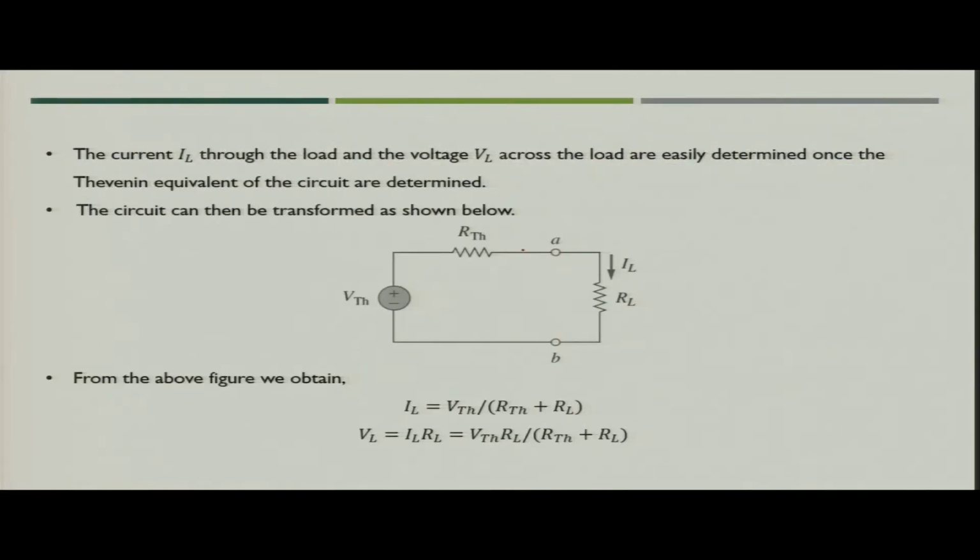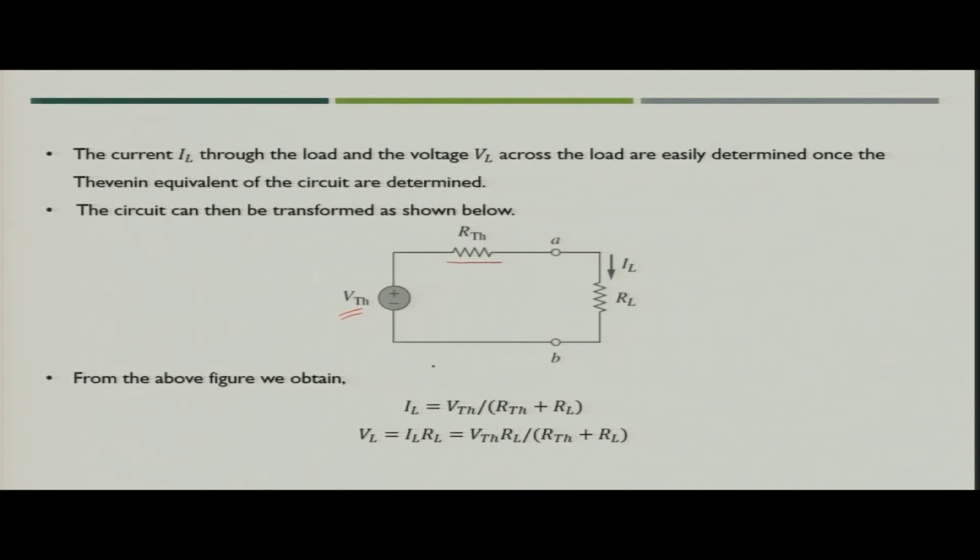Now, what you will do is replace the circuit external to your load RL by its Thevenin equivalent, that is VTH and RTH. In that case, RL would be your load, and there will be one resistance RTH, the Thevenin equivalent resistance, and both would be connected through a voltage source, which is nothing but the Thevenin voltage.